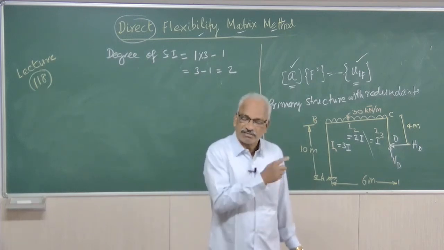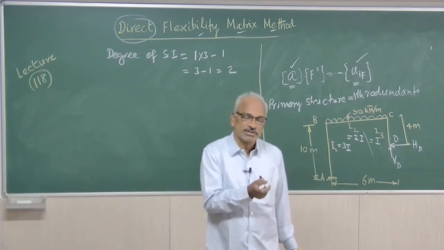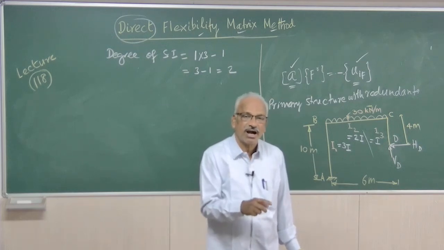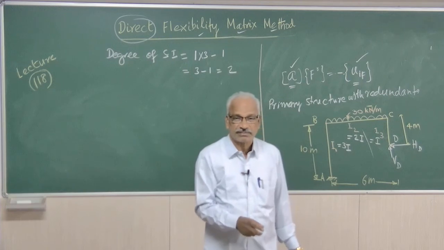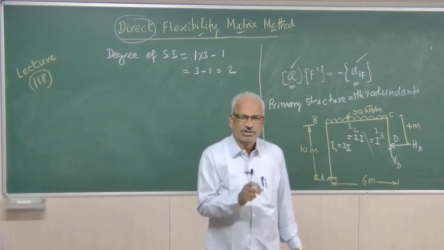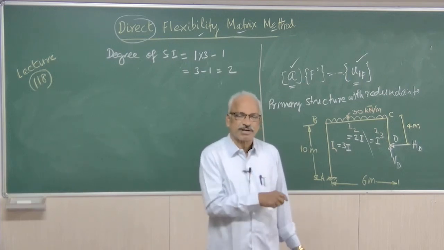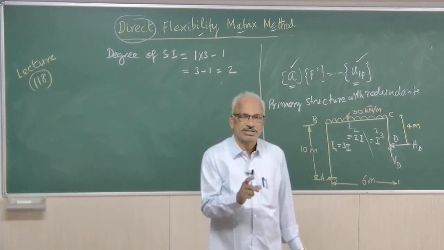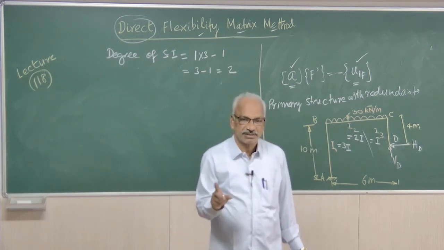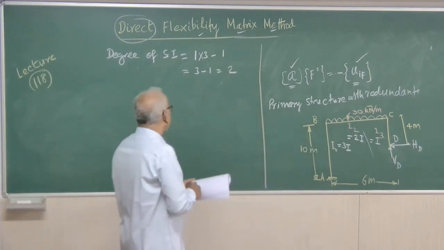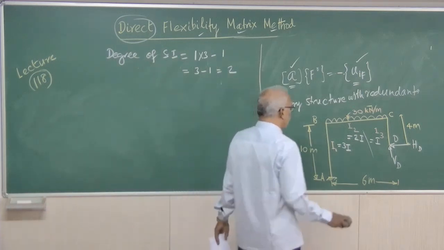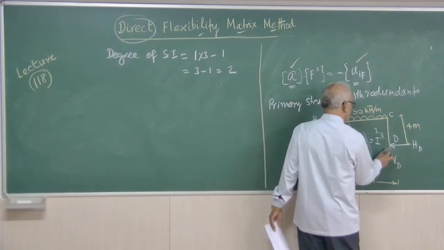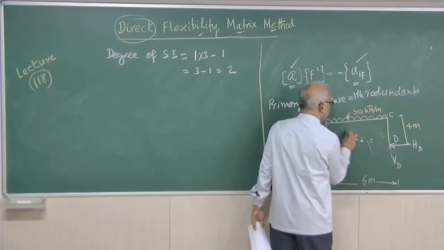Therefore, what we can do is make use of the strain energy method, or you can use the unit load method. So for the time being, for this problem, we will use the unit load method. For the unit load method, first forget about the redundants. Forget about them, so these will come off.